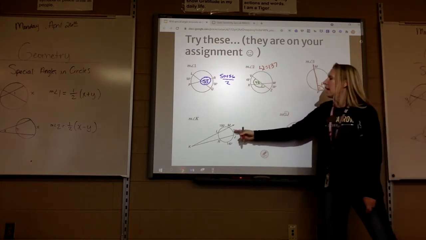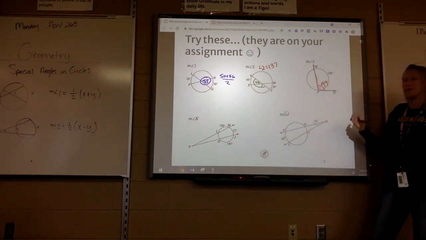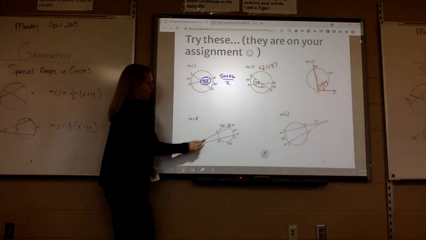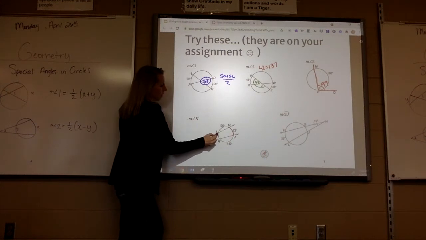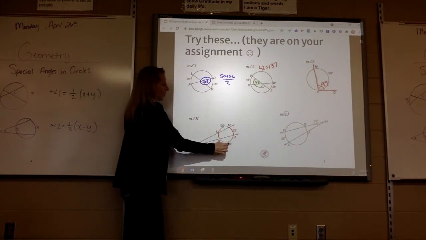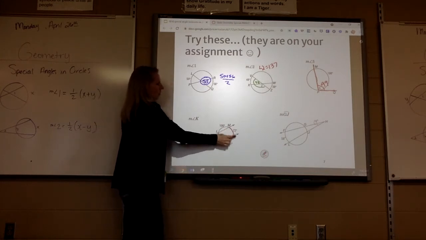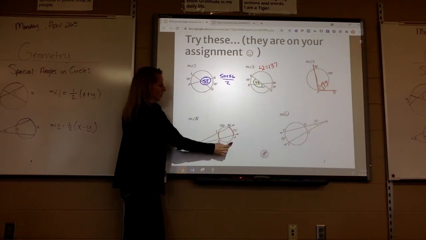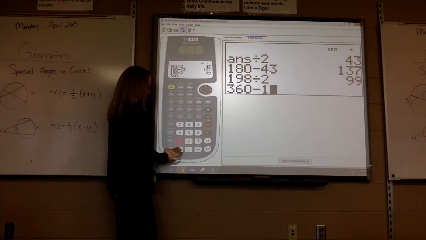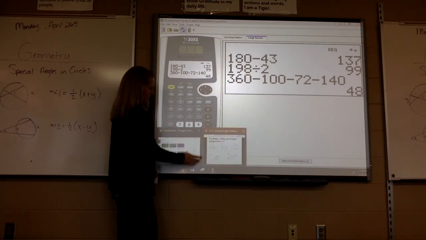These two, the angle is on the outside, so you have to subtract. I've got to subtract this arc minus this arc. What would I do to figure out this arc? 360. Yes, all the degrees add up to 360, so 360 minus 100, minus 72, minus 140, I think, 48.